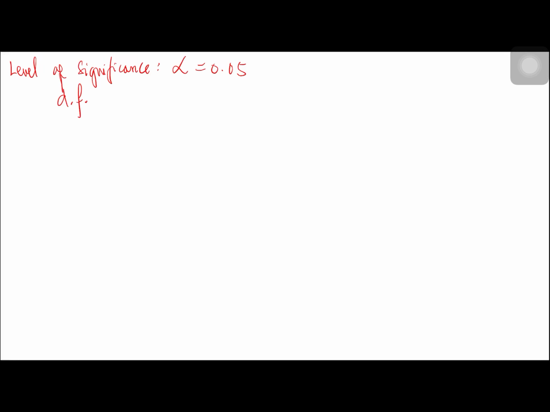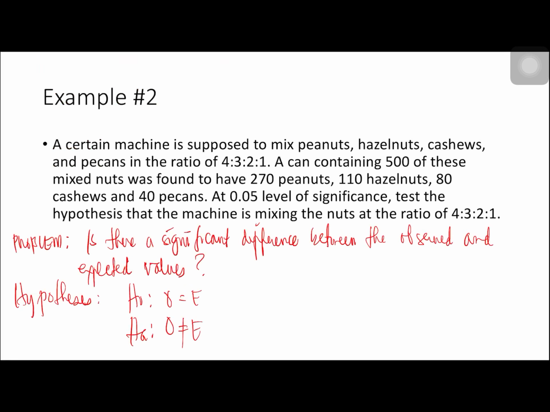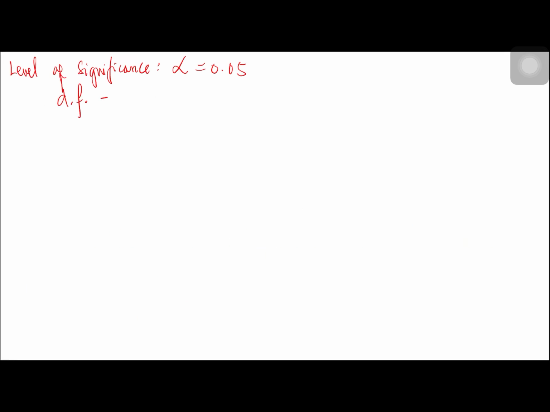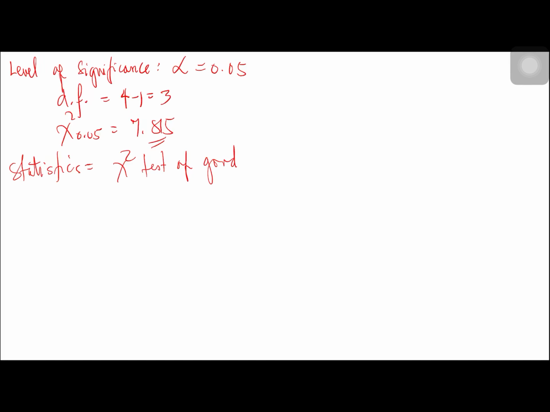So, for the degrees of freedom, since we have, again, 4 categories, peanuts, hazelnuts, cashews, and pecans, that would be 4 minus 1, that is 3. And chi-square at 0.05 is equal to 7.815, according to the table. So, for the statistical treatment that we are going to use, we'll be using chi-square test of goodness of fit.